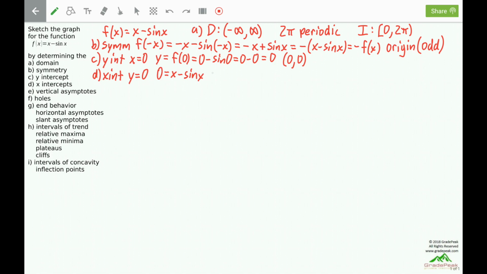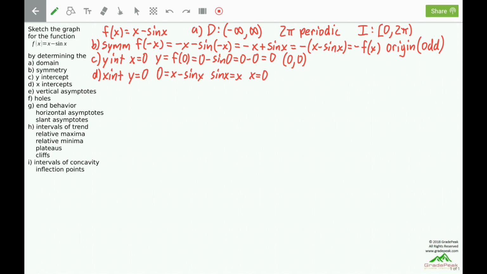We can add sine x to both sides. So sine x equals x. This cannot directly be solved because x is stuck inside of a trig function on the left and a power function on the right. But we can solve it by inspection, because sine of 0 equals 0. So x equals 0 at the very least solves this.